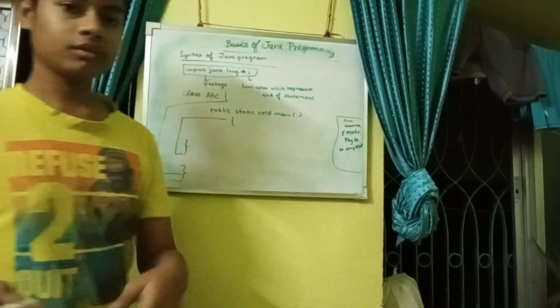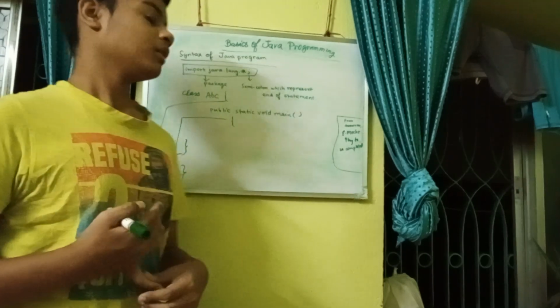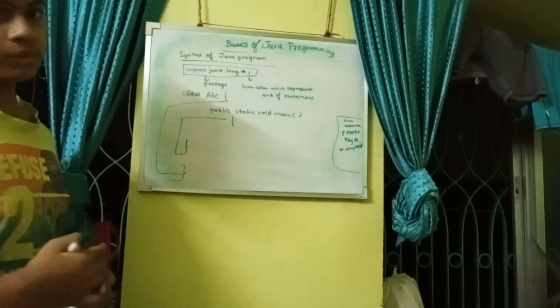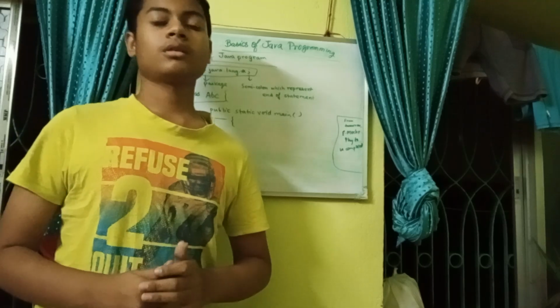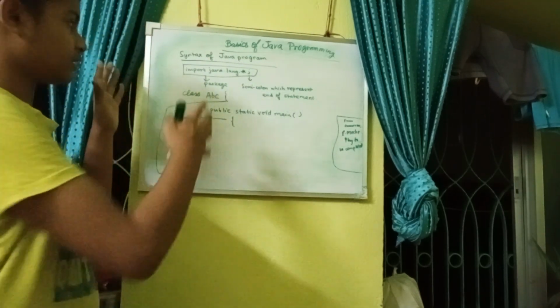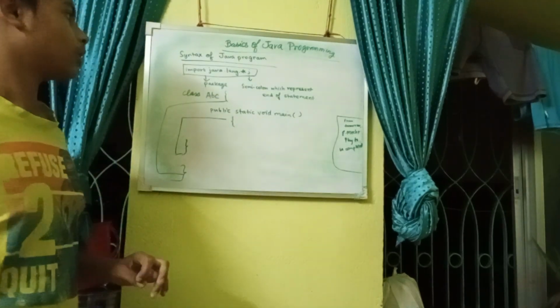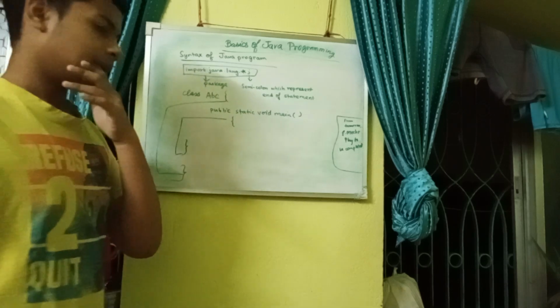I will tell you in class 9 what is encapsulation and what is data abstraction. There are many things you have to learn, but at least know this is the pattern, this is the grammar you have to follow, and you will easily solve it.